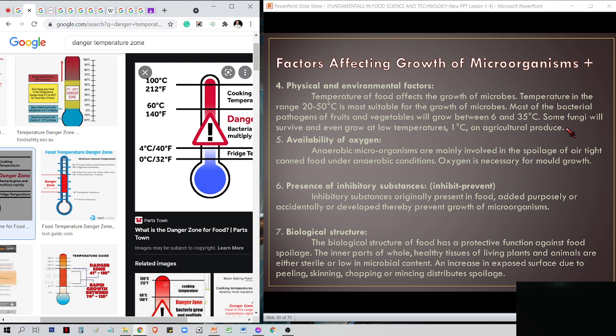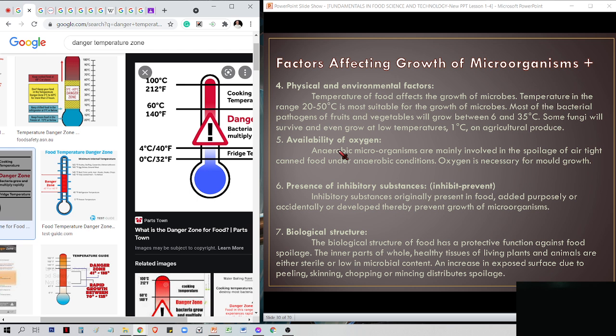So, number five, availability of oxygen. When we talk about availability of oxygen, there are two, aerobic and anaerobic. When we are talking about aerobic, the term aerobic means that there is a presence of oxygen in the environment.